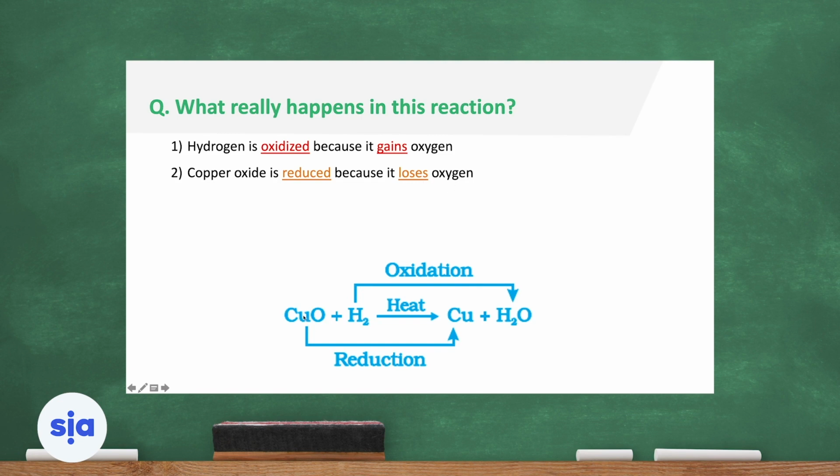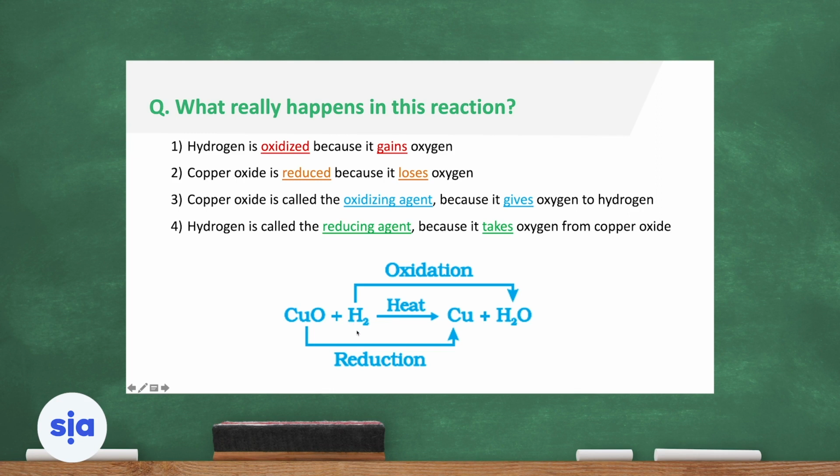It was copper oxide and it is reduced into copper element. Copper oxide is reduced, but at the same time, we call it the oxidizing agent because it causes the hydrogen to be oxidized.